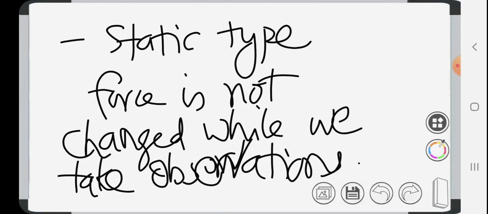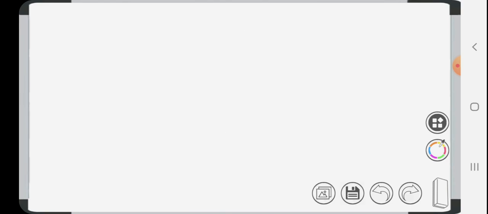That is why it's static type. We use a word called static.